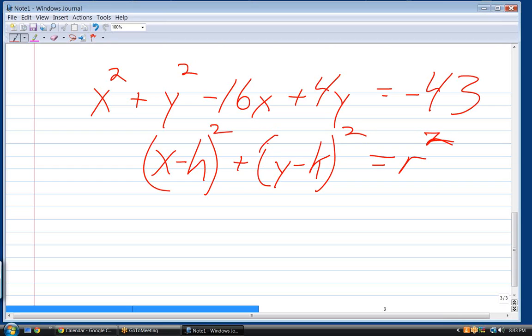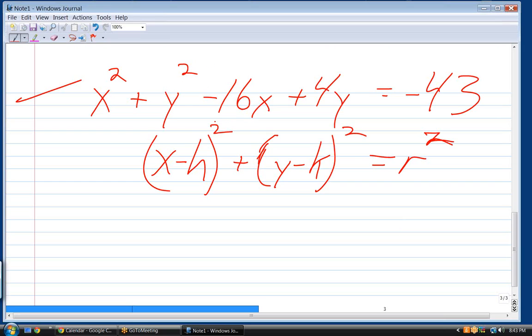Got it. I should probably learn that. Definitely you want to memorize that. And what we want to do is take this equation we were given and see if we can make it look like this. The way we're going to do that is by completing the square.